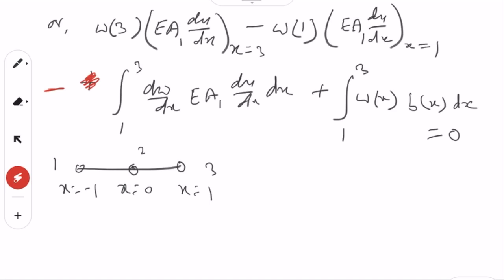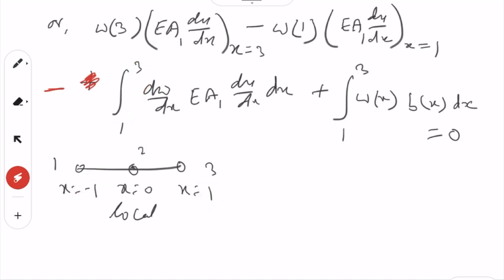So instead of writing 1 to 3, we have to write minus 1 to 1, and we have to define u as per this one. Then automatically we will use minus 1 to 1 and it will be all right. So let us say this is our local coordinate system, which instead of 1 to 3 goes from minus 1 to 1.